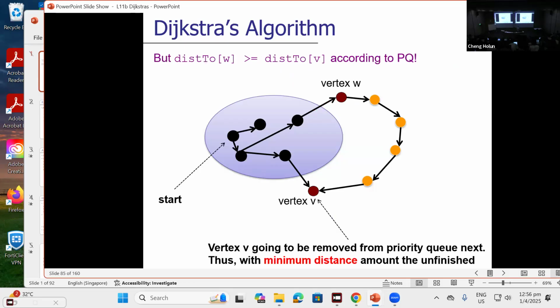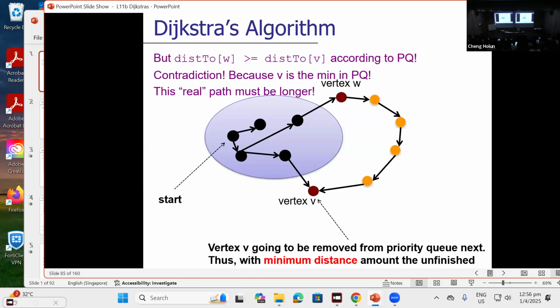Because this distance to v must be the smallest because you are dequeuing from the priority queue. It is already the smallest. So it's a contradiction because vertex v already has the smallest distance. So too bad. That's why the real path of this orange one must be longer than that. That means no such path smaller than the original path can exist.